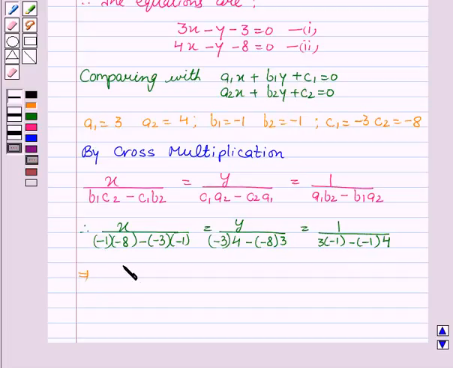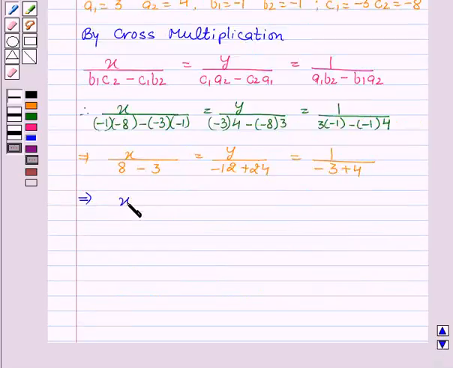This implies x upon 8 minus 3 equal to y upon minus 12 plus 24 equal to 1 upon minus 3 plus 4. This implies x upon 5 equal to y upon 12 equal to 1 upon 1.